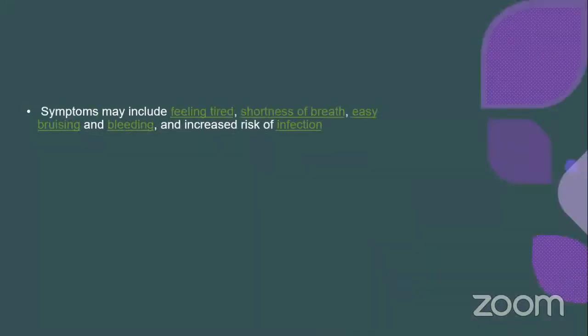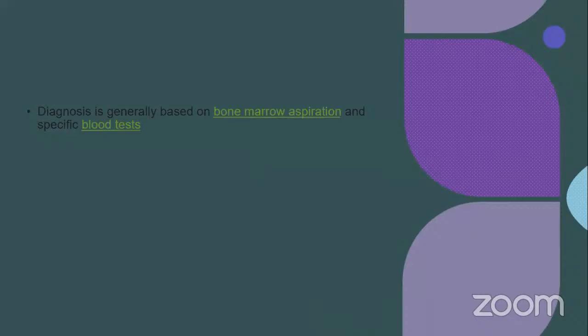The symptoms may include feeling tired, shortness of breath, easy bruising and bleeding, and increased risk of infection. The diagnosis is generally based on bone marrow aspiration and specific blood tests.